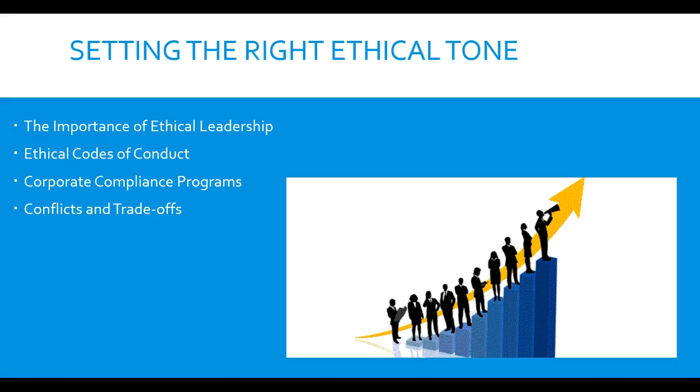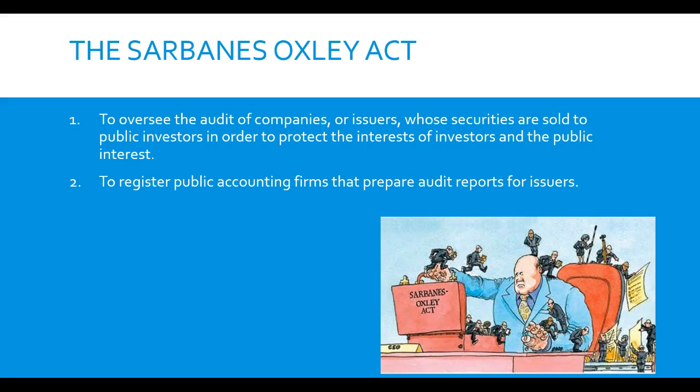Unethical conduct resulted in the largest bankruptcy of a United States business firm. So based on poor behavior, a lot of companies lose out in the long run. Now, the Sarbanes-Oxley Act, known as the SOX Act of 2002, imposes requirements on a public accounting firm that provides auditing services to an issuer, which is a company that sells securities to investors.